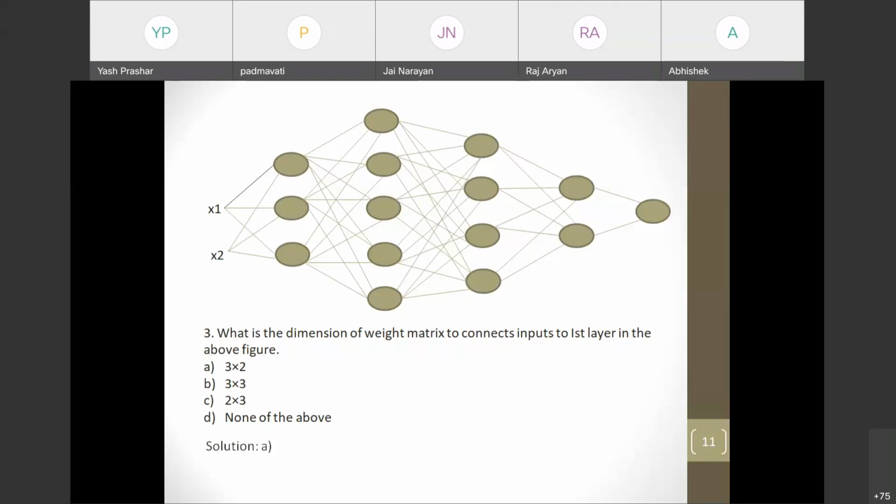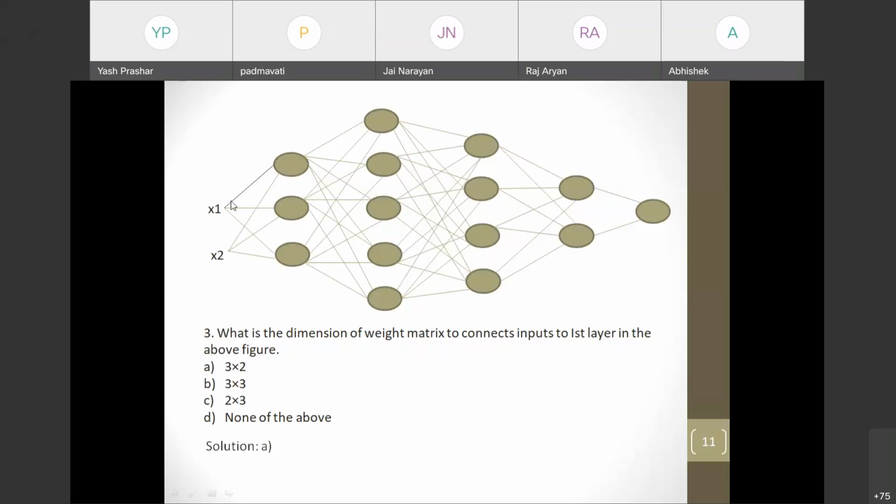Whenever the number of columns of the matrix matches the number of rows of the vector, only then can we perform that multiplication. So for that reason, it should be W transpose X, that is 3 cross 2.